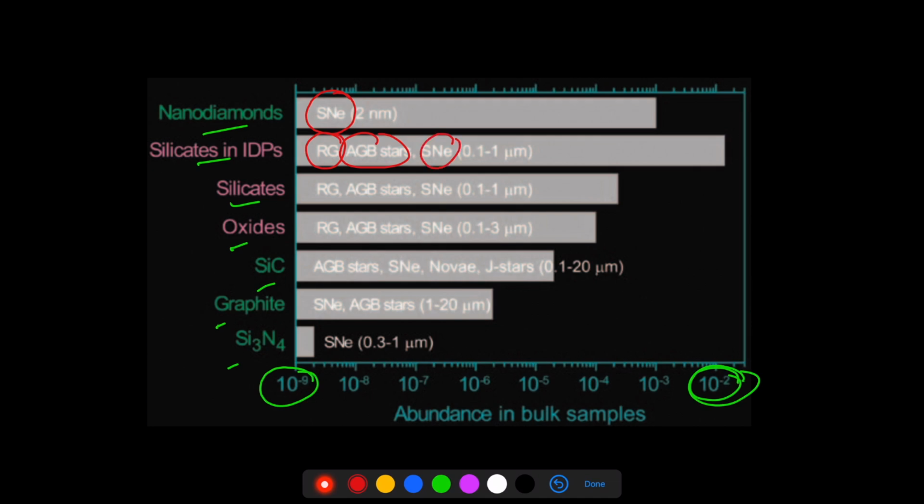So supernovae are one of the main sources of presolar grains, as you can see here, because basically they produce all of these grains. And so this is the origin and abundance of presolar grains, rather rare, coming from different stars, and this is how they look and how abundant these are.